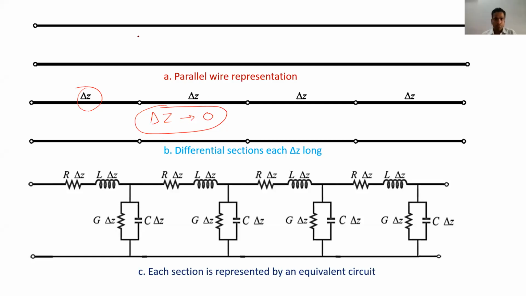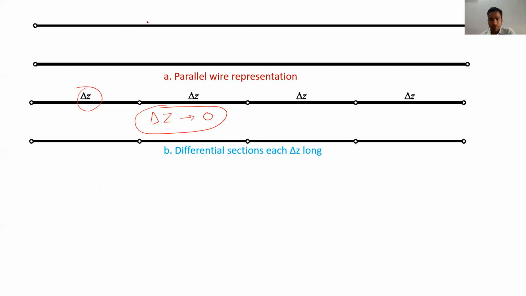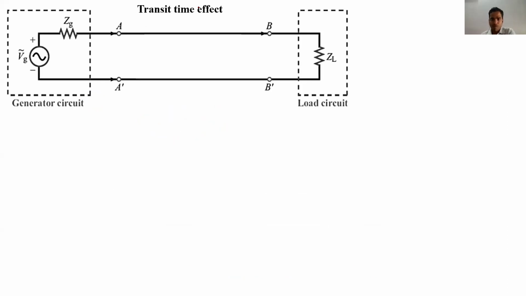See, what we started with is basically that at high frequency, the transit time effect comes into picture. Remember, everyone remember transit time effect? We discussed that if the wavelength of the wave becomes comparable to the length of the transmission line, we see something called transit time effect.